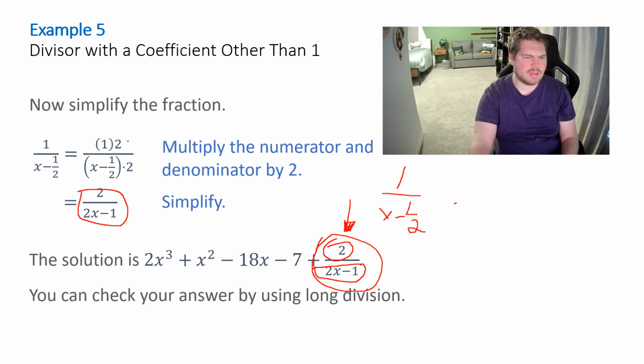Or you can even think about it as, how do I get rid of this fraction? And you have to multiply by 2. In the case of fractions, whatever you do at the bottom, you have to do at the top for it to stay the same. And so that's how they got here.